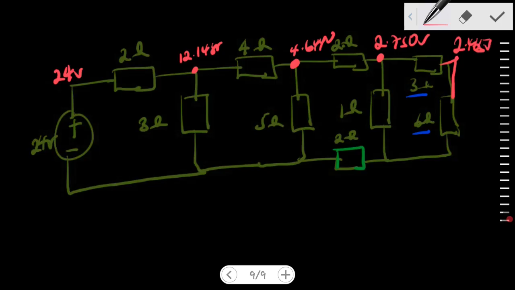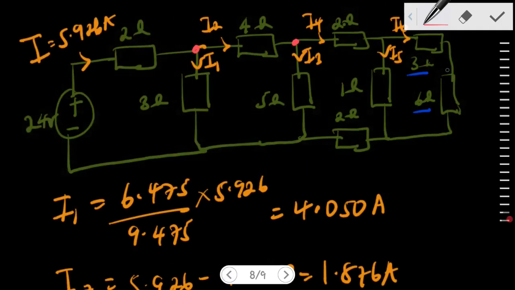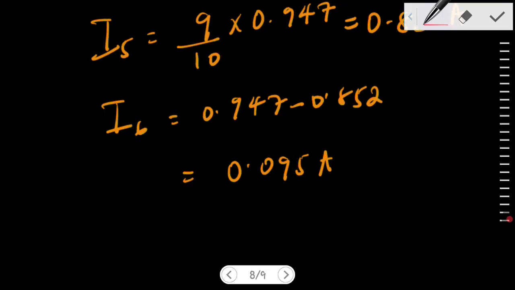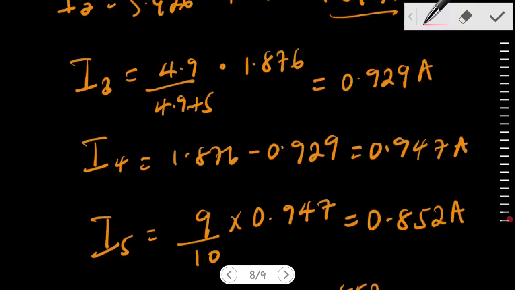Then the same current went through the 6 ohm resistor, right? So that means 6 times the same current. I6 went also through the 6 ohm resistor, so we have 6 times I6, and our I6 was 0.095, so we are getting 0.57.